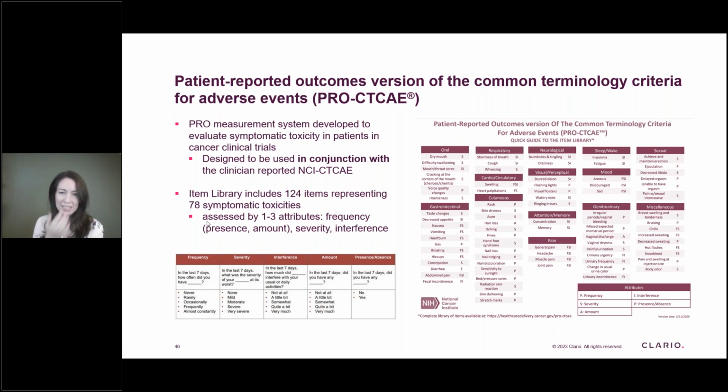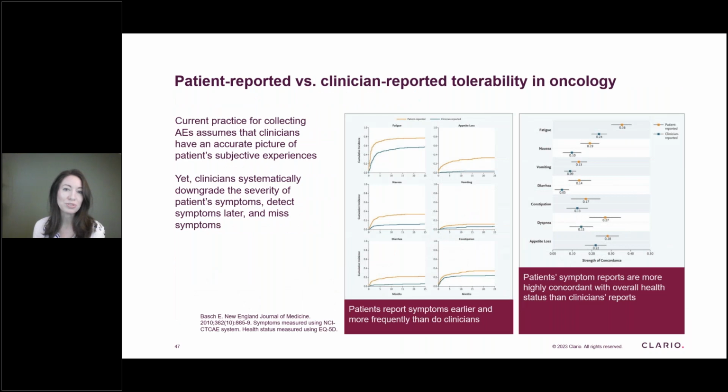So in the next slide, you see actual data to show the importance of gathering this information from the patient themselves. So even when it comes to symptomatic adverse events that are best known by patients, the current practice is that clinicians collect this information through their interactions with the patients.